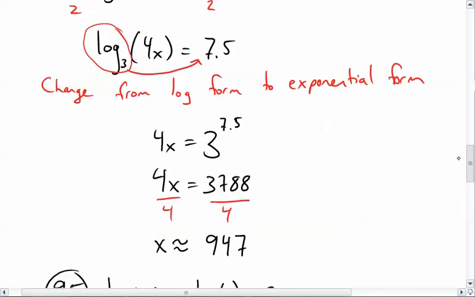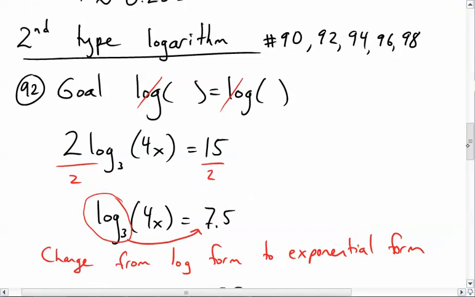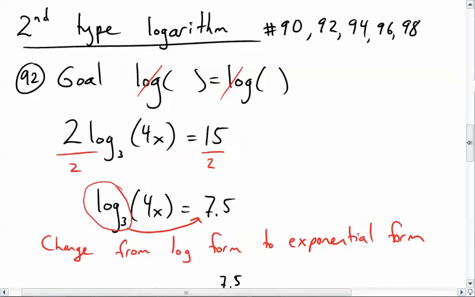Okay, is 390 or 347 okay? When we put 347 in here, then it becomes log of 4 times 347.